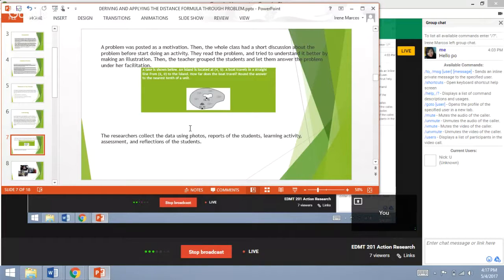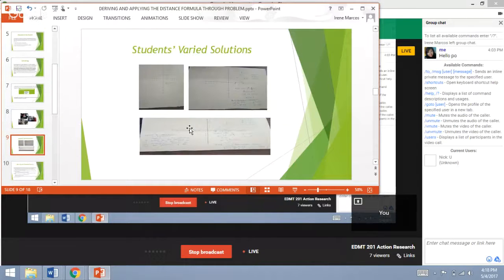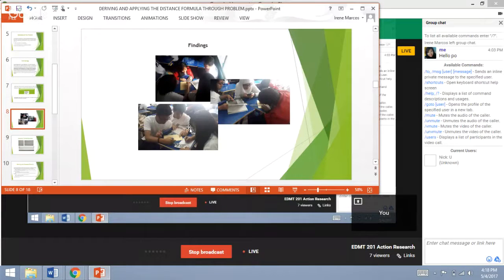So what did the students do here? You would see that the students were doing the activity, and in this picture, each one of them is assigned a task: one doing the calculation, one drawing or illustrating, and some giving their ideas according to what they have learned.